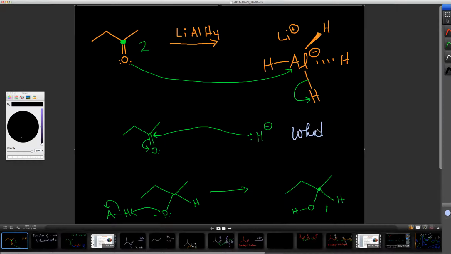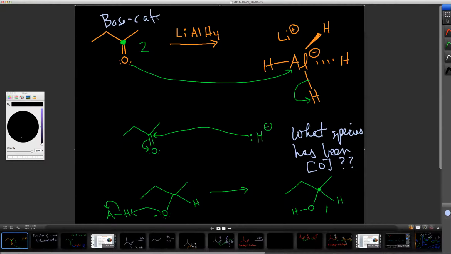What species has been oxidized? So this is an example of a base-catalyzed mechanism.